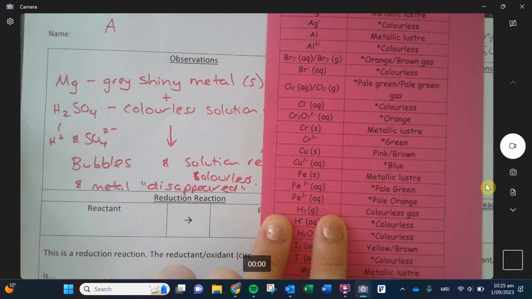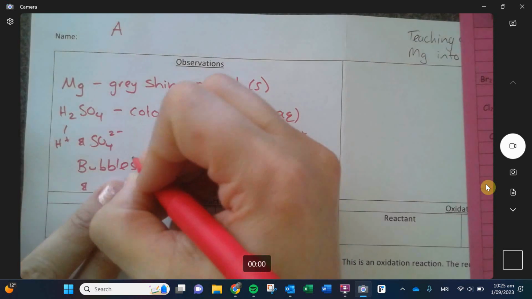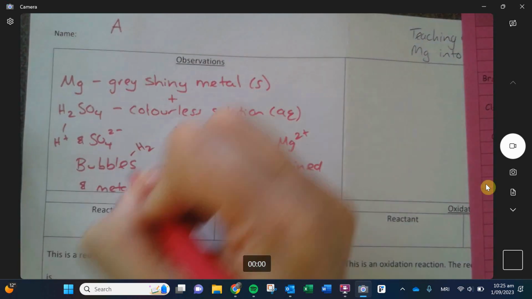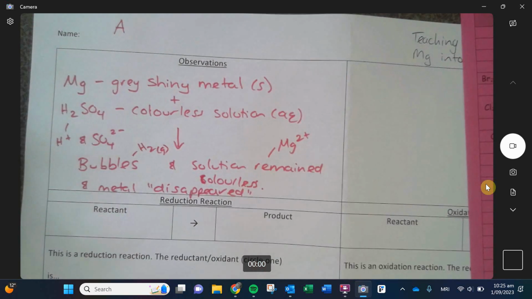What if I tell you that hydrogen's flammable? The pop test confirms hydrogen gas. So what that tells me is that these bubbles here are H2. I'm just going to write H2, the gas.